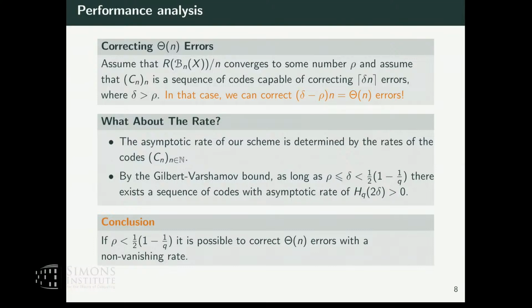That rate would be the q-ary entropy, sorry, of 2 delta. Okay, but there's no guarantee, right, that we can actually find something concrete. This is just an existence result, but at least we know that it is out there. So the scheme at least breaks this barrier of going over square root of n errors.